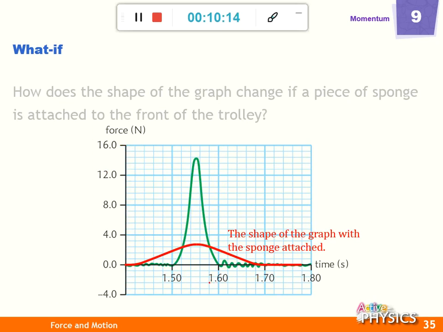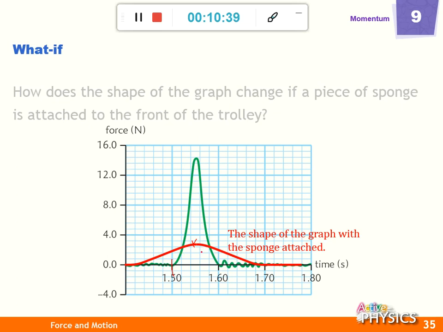But look at this. I think that the red one has some mistake in this case. I suggest you don't use this, because the impact time, the time for it to have collision, should start from 1.5, because there is no change in U. They should have the same starting time.